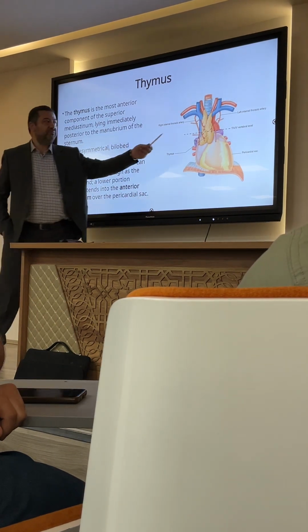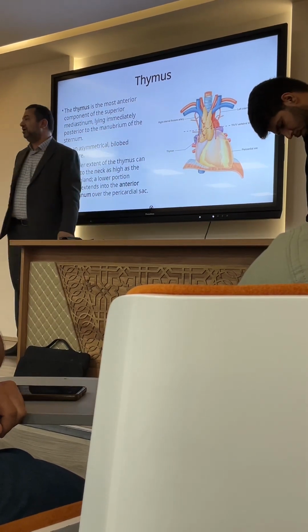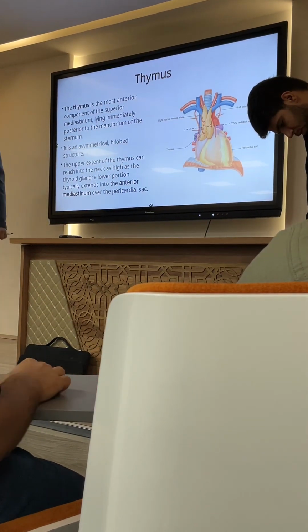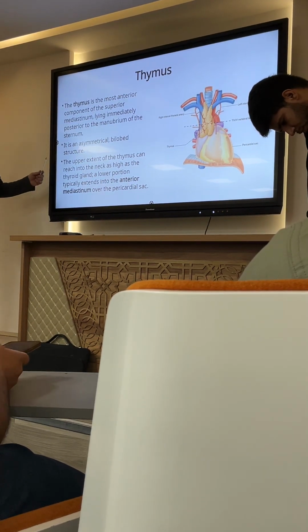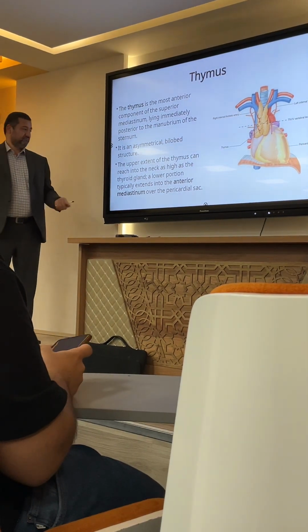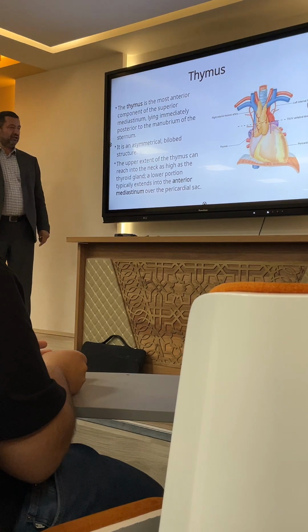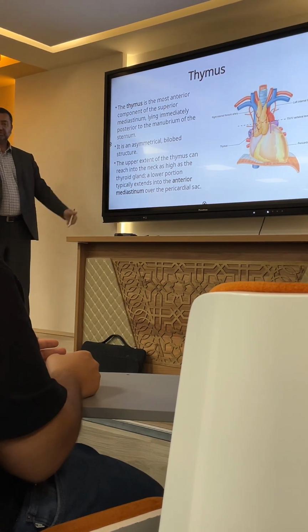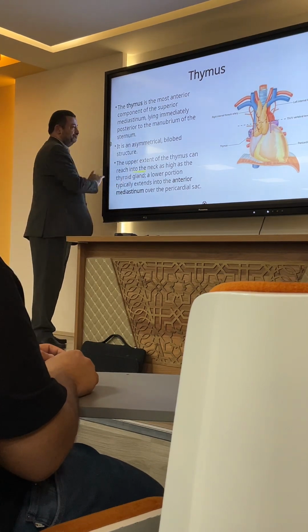Superior part of the thymus is in the superior mediastinum and inferior part is in the anterior mediastinum. Upper extent of the thymus can reach into the neck as high as the thyroid gland, a lower portion typically extends to the anterior mediastinum.